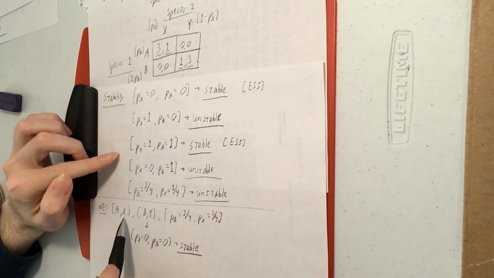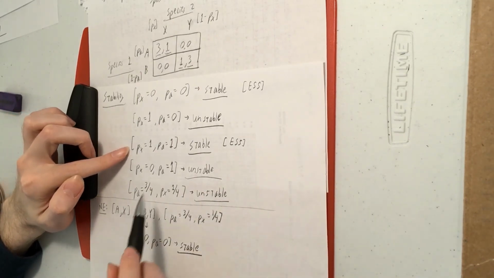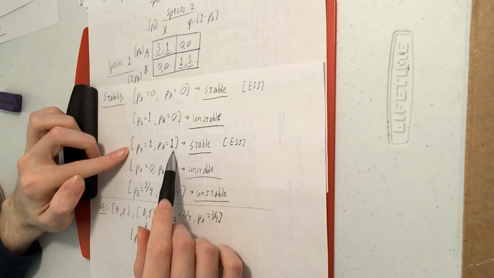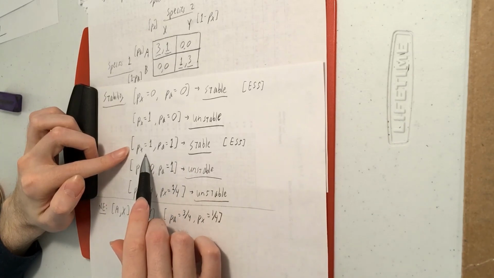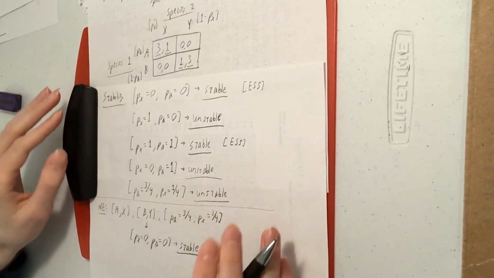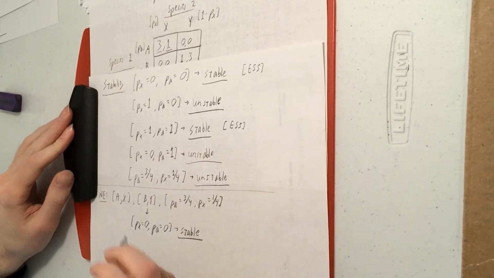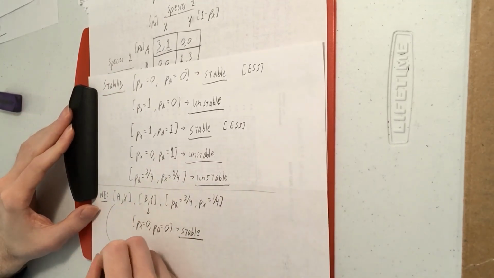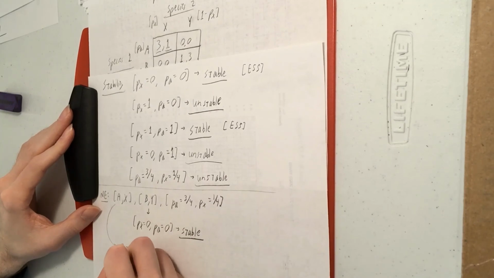And this one here, AX, that's like playing A all the time, Pa equals 1, and playing X all the time, Px is 1. So that's this.